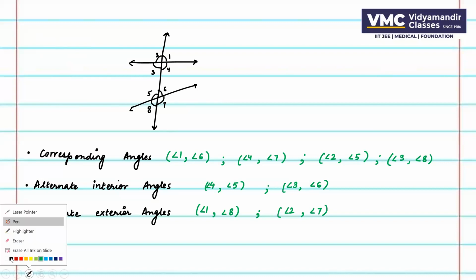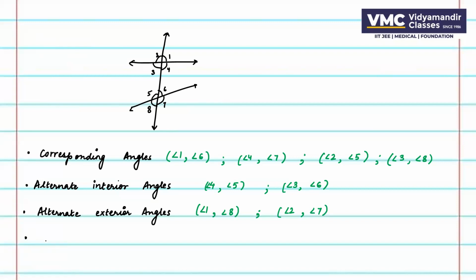Now, another type of angles that are forming here are interior angles on the same side of the transversal. So, interior angles on the same side of the transversal are angle 3 and angle 5.